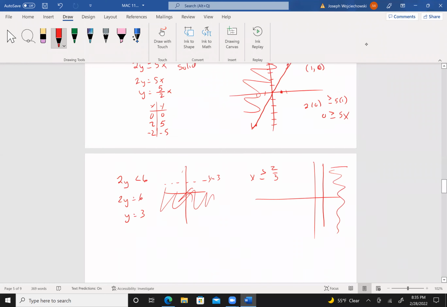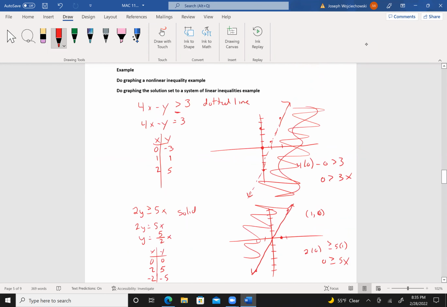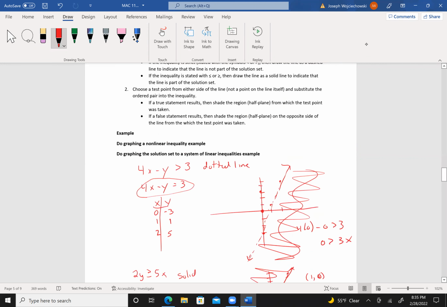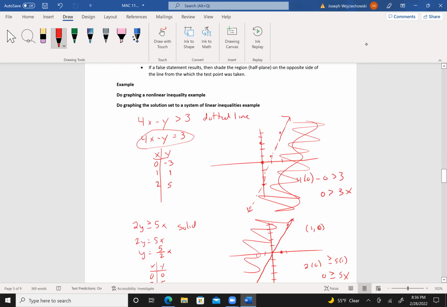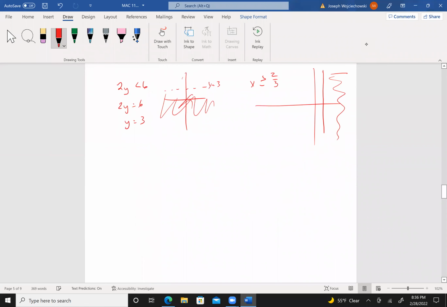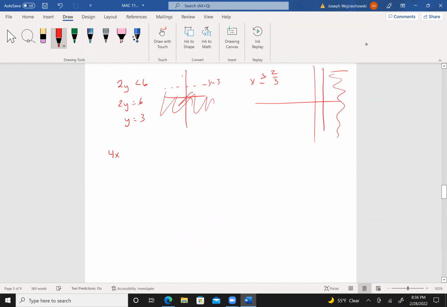Okay, so let's go back and let's use this one. That was strictly greater than. So let's look at this. What was it? 4x minus y greater than 3.